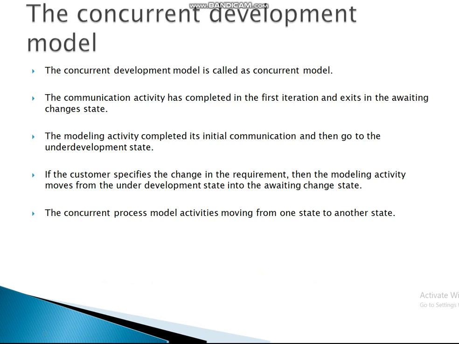The concurrent development model is called the concurrent model. The communication activity is completed in the first iteration and exists in the awaiting change state. The modeling activity, after initial communication, goes to the under development state. If the customer specifies a change in the requirement, then the modeling activity moves from the under development state into the awaiting change state.